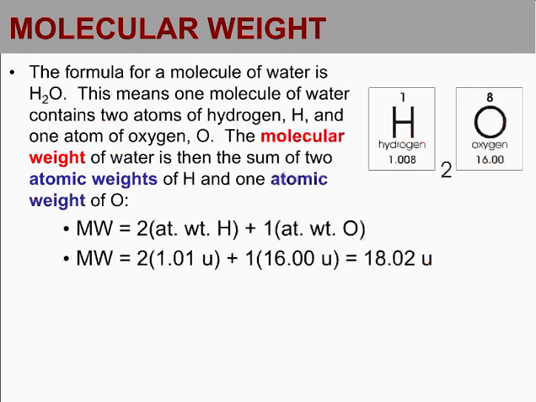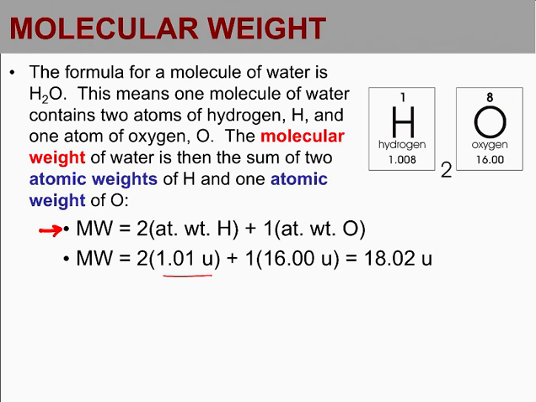And here's another way of looking at the calculation. So here, to start, we have the atomic weight of hydrogen multiplied by 2 plus the atomic weight of oxygen multiplied by 1. Now, you'll notice that here we have a rounded version of the atomic weight of hydrogen.